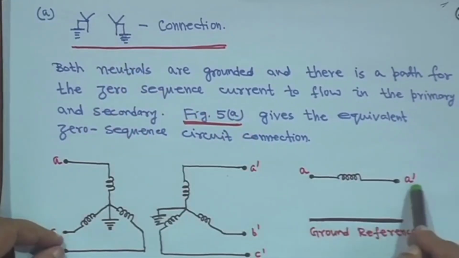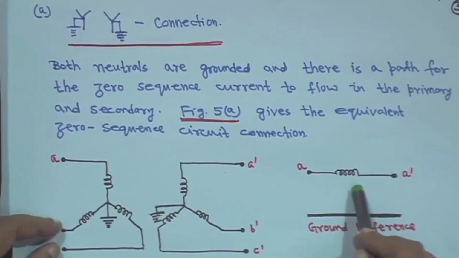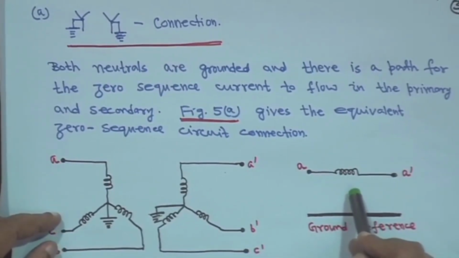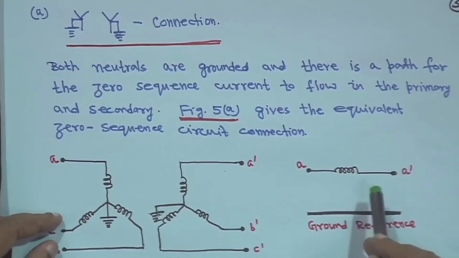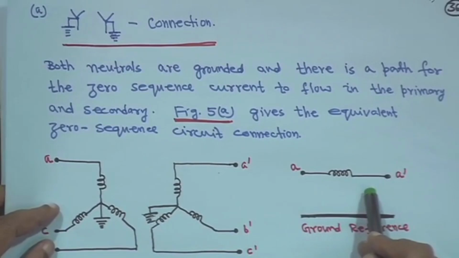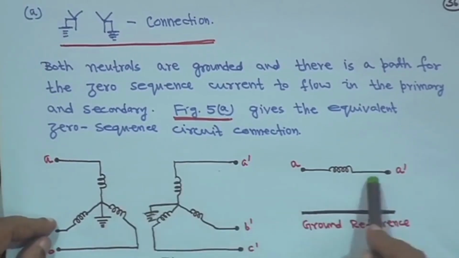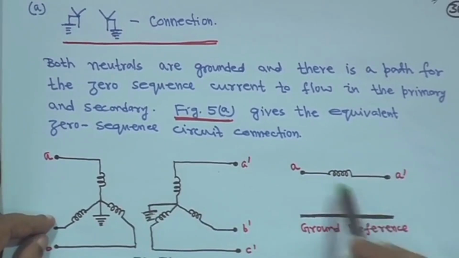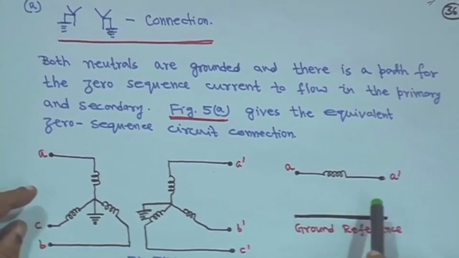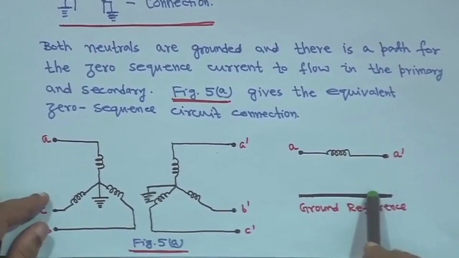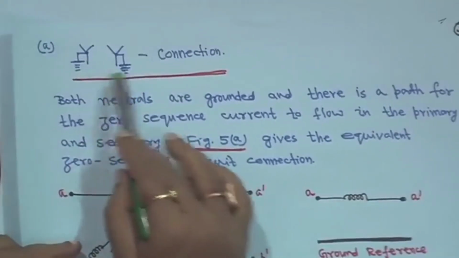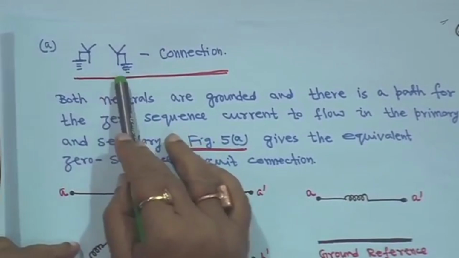So, this is A and A dash, and for the transformer, the positive, negative and zero sequence impedance is the same as the leakage impedance, that is ZL. This is A and A dash, and ground is the reference. So, this is the zero sequence network for the transformer for star-star connection, where both stars are grounded.